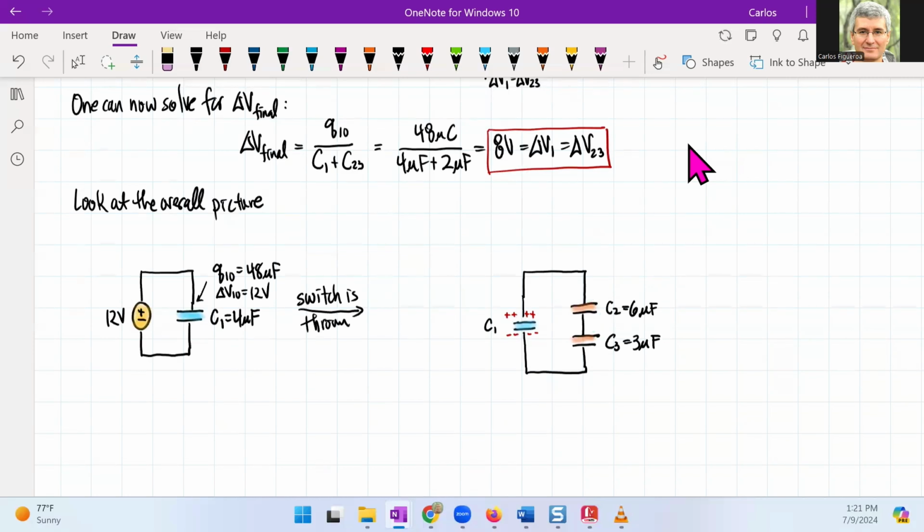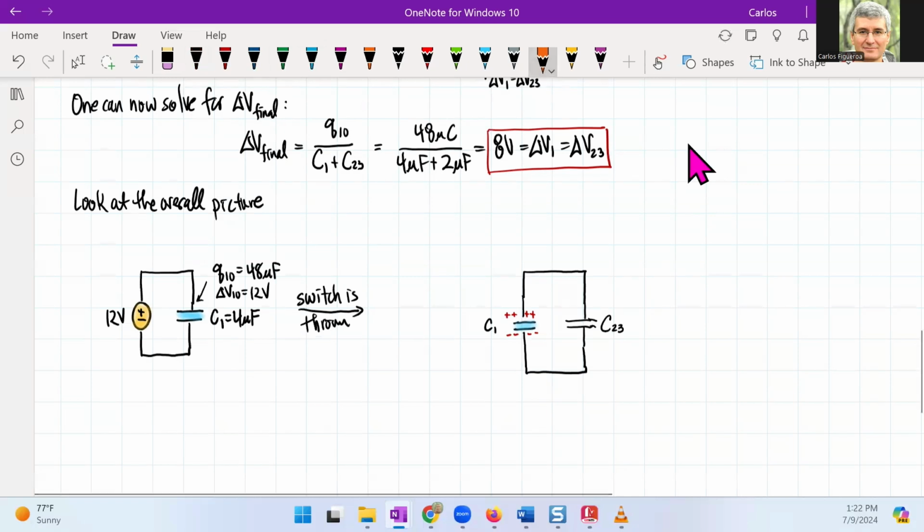If I look at C2 and C3, we then reduce this down to one capacitor. This is capacitor 2,3. This capacitance is equal to 2 microfarads, whereas C1 is equal to 4 microfarads.